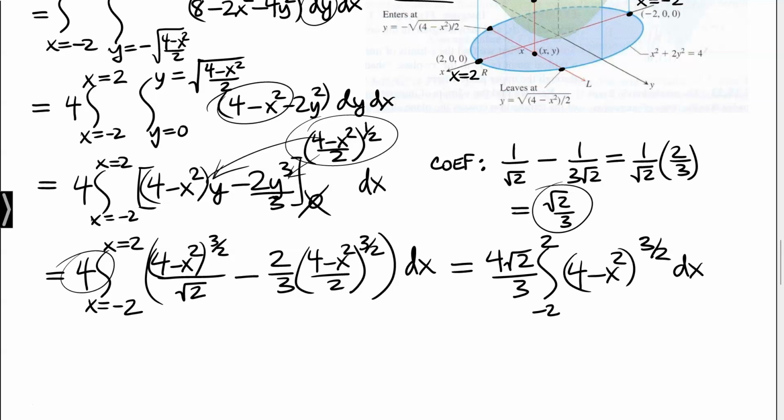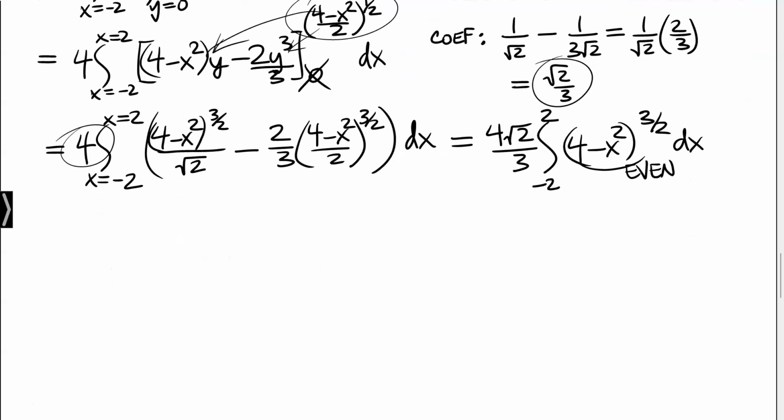Okay, again, this is an even function. So we make our life a little easier by using that property. So we'll get another factor of 2. This is going to be 8 square root 2 over 3 times the integral from 0 to 2 of 4 minus x squared to the 3/2 dx.